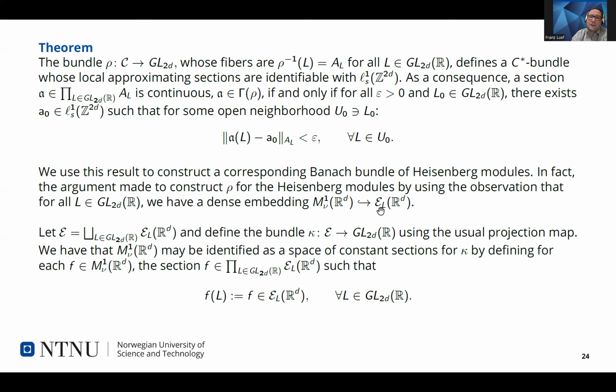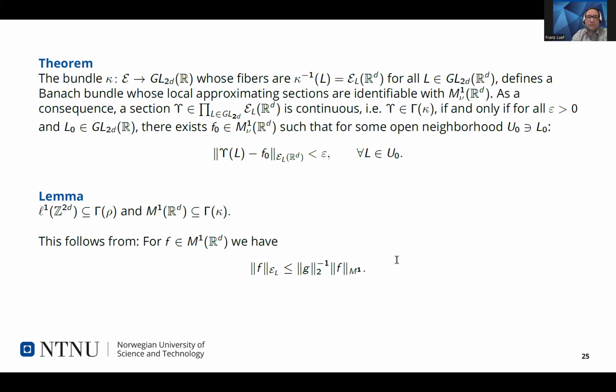They all sit in these Heisenberg modules, independent of whatever lattice you have. So they sit in all the Heisenberg modules, so it doesn't depend on the L. And so this somehow gives us this nice space of local approximating sections, and also gives a nice constant approximating section, which allows us to define the corresponding bundles of Heisenberg modules.